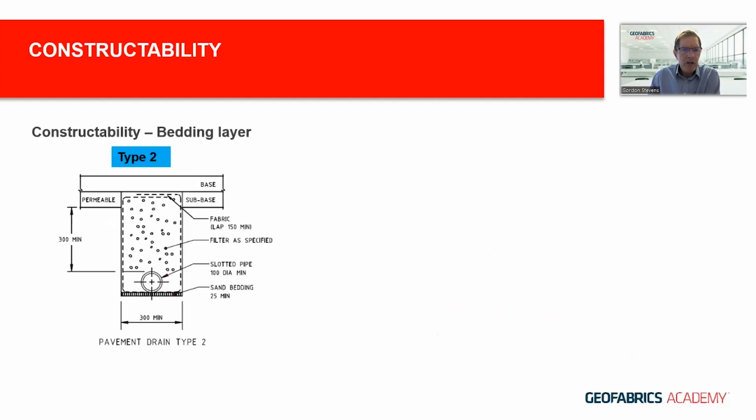First is looking at the bedding layer. So here we've got your pavement type 2. So we've got a wrap drain with a geotextile wrapping and a slotted pipe, in this instance a 300 millimeter wide drain.